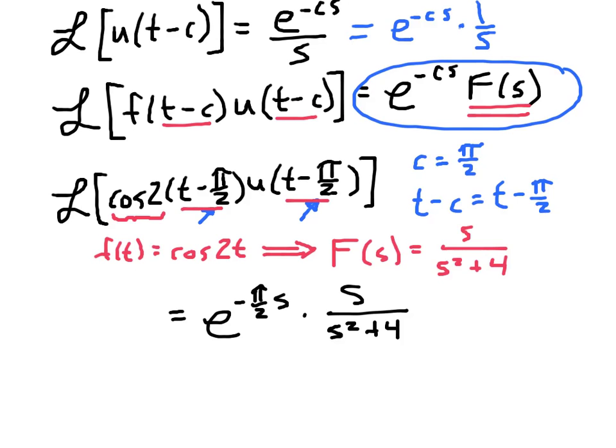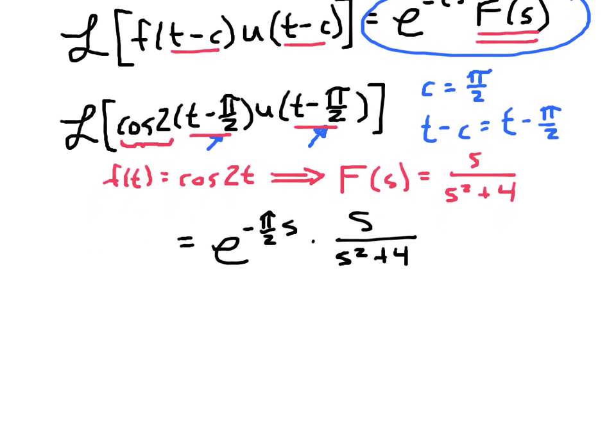And of course, if we wanted to, we could write all that a little bit differently. We could write it as s times e to the minus pi over 2 s over s squared plus 4. So that's a pretty basic application of our formula for the Laplace transform.